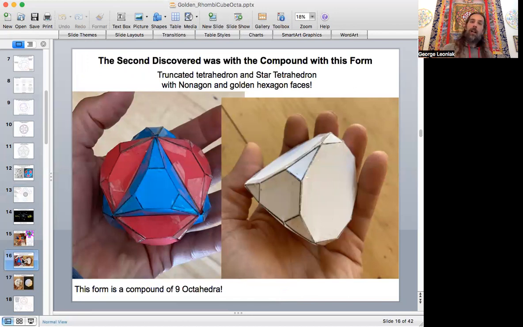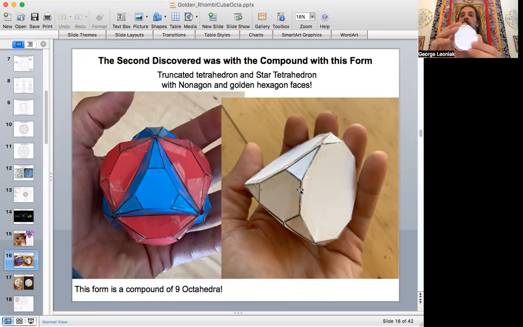Now, the second time that I discovered this form, the big 92 face form here, or the 92 vertice form here, with the nonagon faces and the decagon faces, was with this. I was getting creative with that nonagon face, and I realized, well, it's inside a triangle, right?